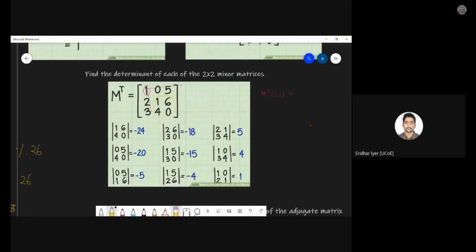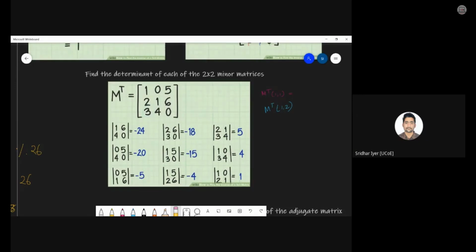If I take the determinant of this, I get minus 24. In the same fashion, if I proceed with the first row, second column, it will be like this, and you take the determinant of this particular minor matrix, and you will get minus 18. So you have to carry forward with this concept.